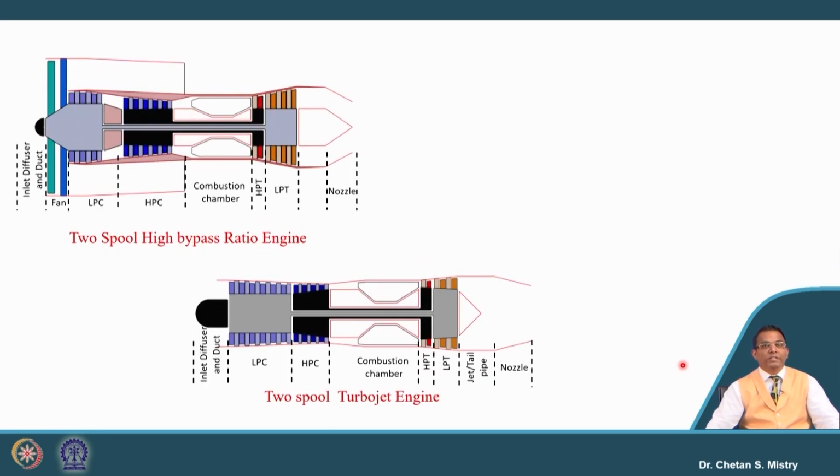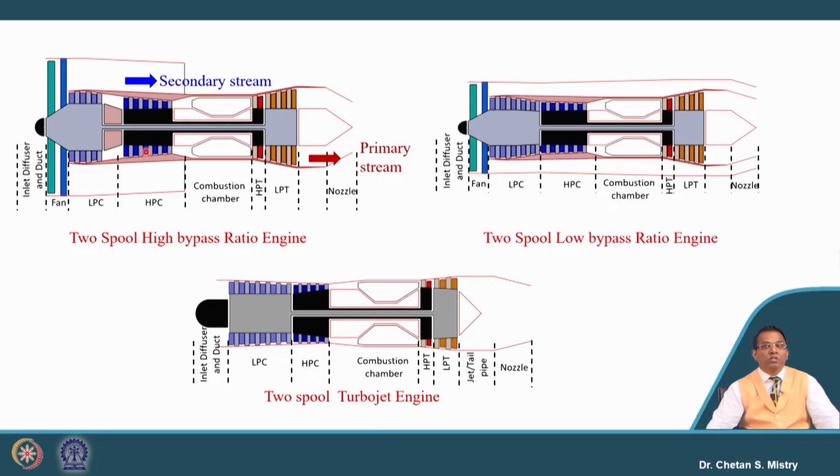So, as we look carefully, we have a configuration that shows a 2 spool turbojet engine and a 2 spool high bypass ratio turbofan engine, where we were discussing the difference in terms of construction.